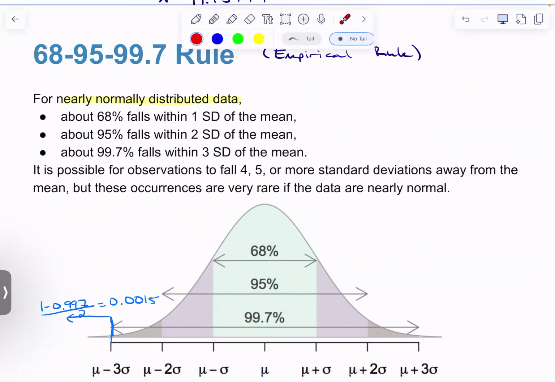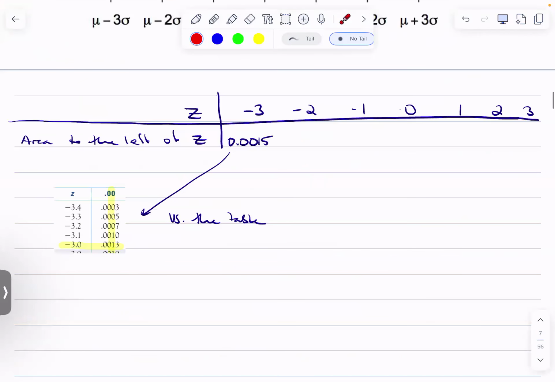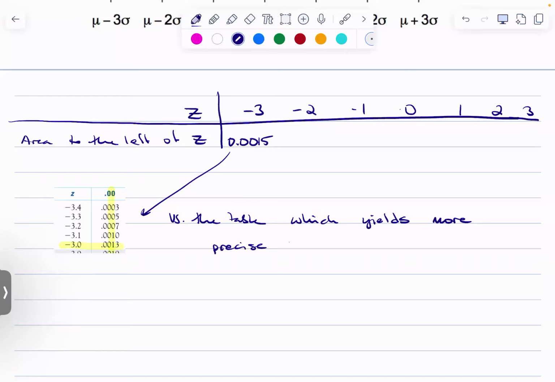Is 0.0015 that different from 0.0013? Not really. I'm not terribly concerned about that, right? Versus the table, which yields more precise values. Not as precise as software would, because we still have to round our Z, but kind of halfway.